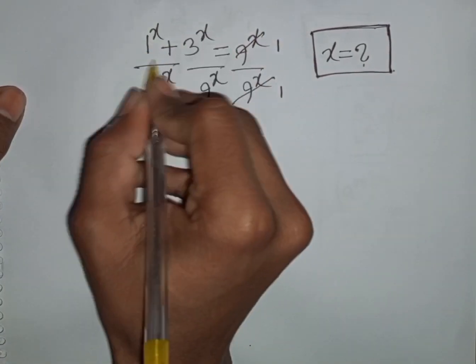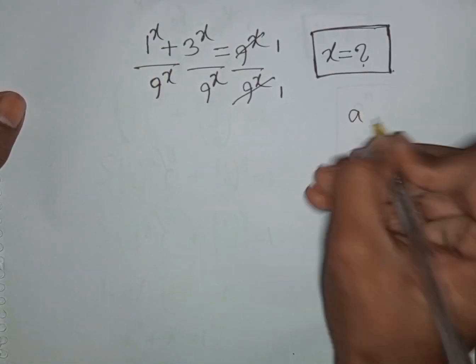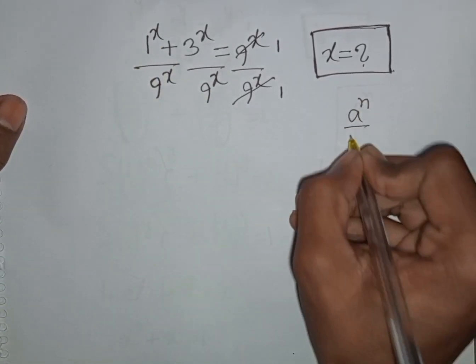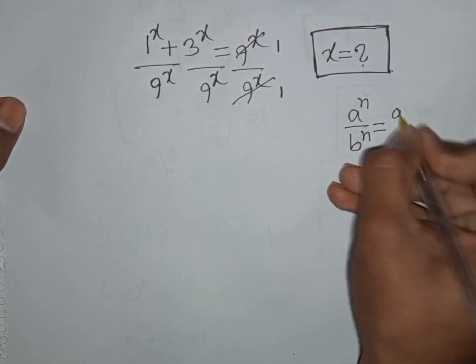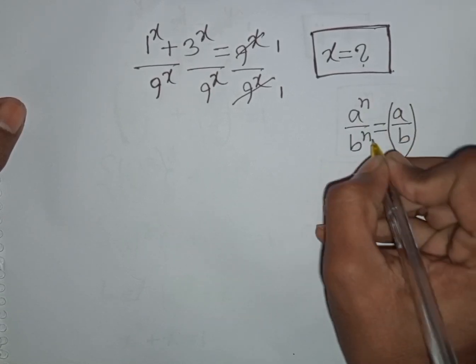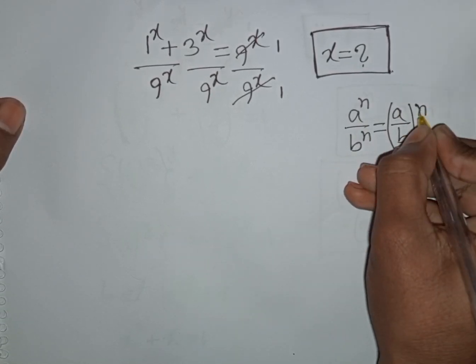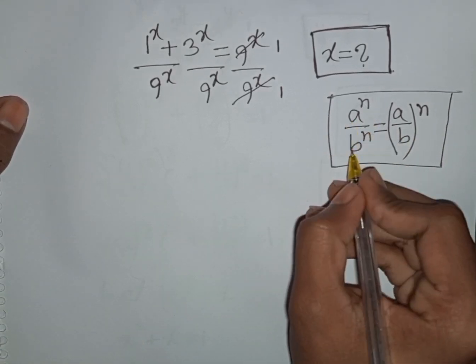Now we see the same power x but different base. So according to this formula, a power n over b power n is equal to a over b, bracket common power n. That means n is the same power but different base.